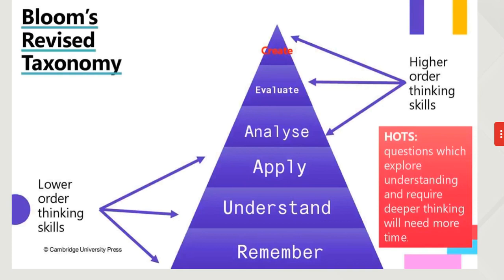So when we need to think about what type of questions we are asking our students, we can ask, are we also including HOTS, higher order thinking skills, into our teaching? Are we pushing our students to deeper thinking? So thinking about the questions we're asking our students in class.